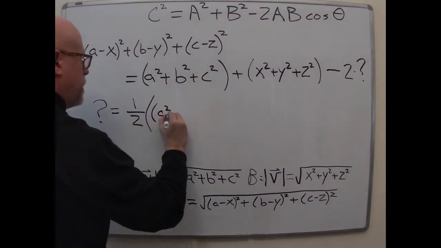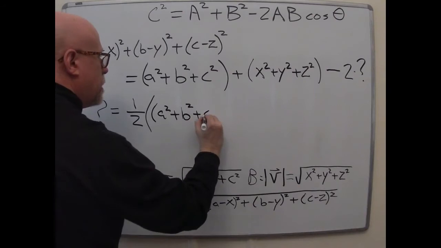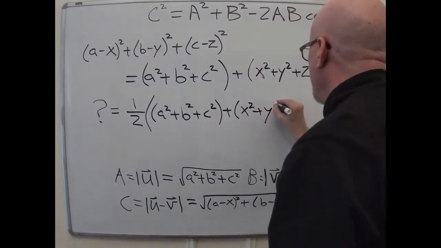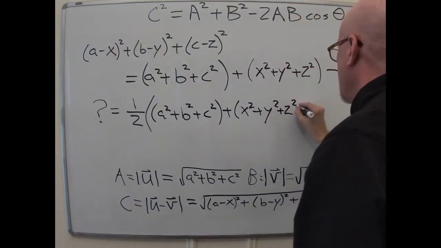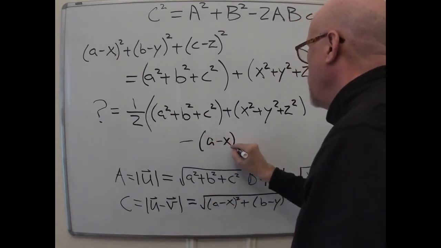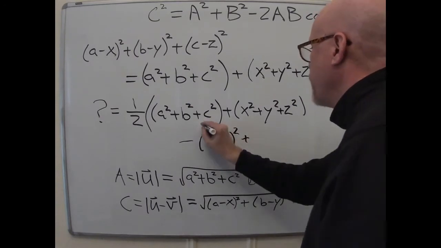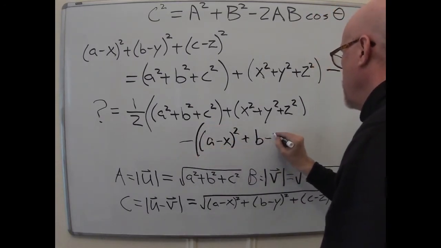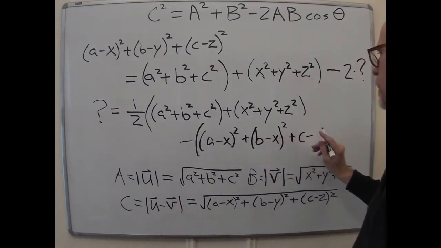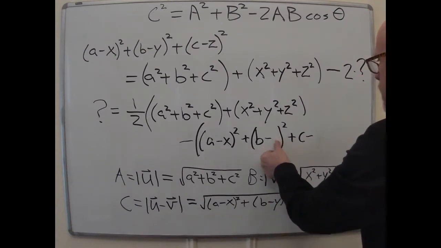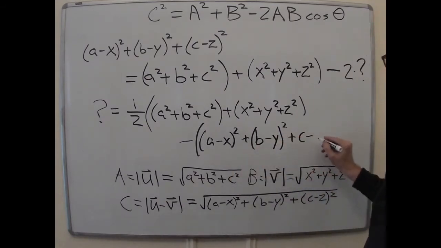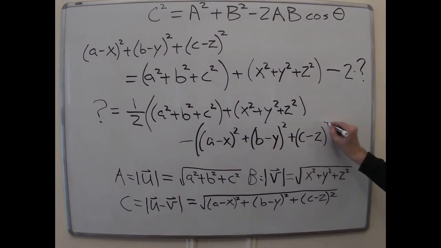It's going to be a squared plus b squared plus c squared plus x squared plus y squared plus z squared, minus a minus x squared plus b minus y squared plus c minus z squared. Oh, did I do that wrong? That's supposed to be a y. The positions in the sequences a, b, c and x, y, z need to match.